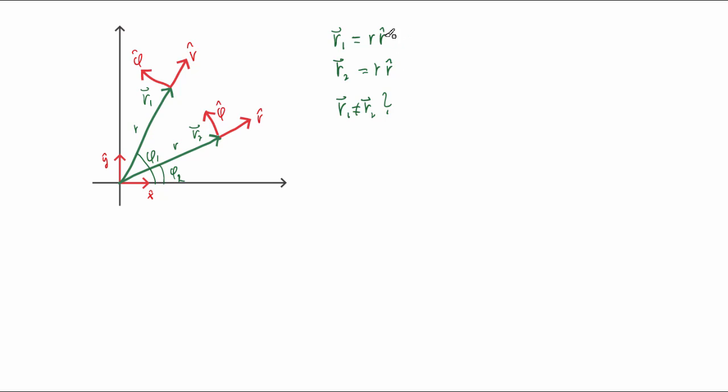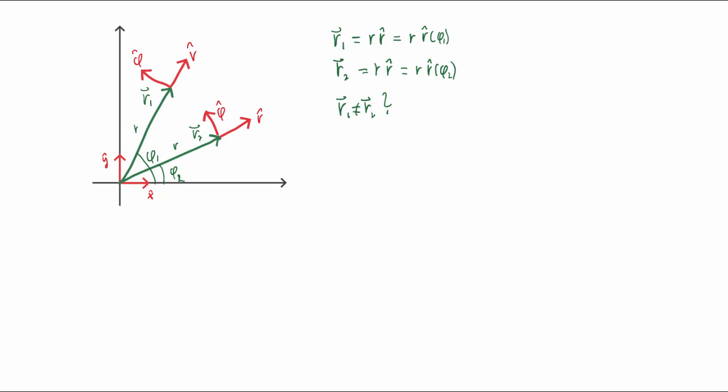So really, if we want to write out the full expression for this, r1 is r times r hat, which depends on phi 1, and r2 is r times r hat, which depends on phi 2. But oftentimes you don't write that out. But when you're working with curvilinear coordinate systems, you have to keep in mind that the unit vectors do depend on position. And that has effects here, clearly.